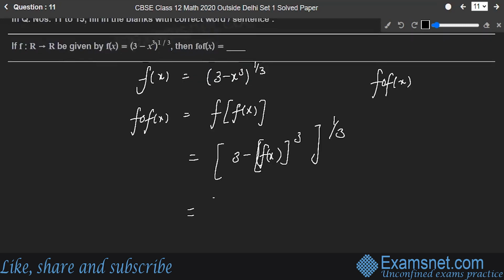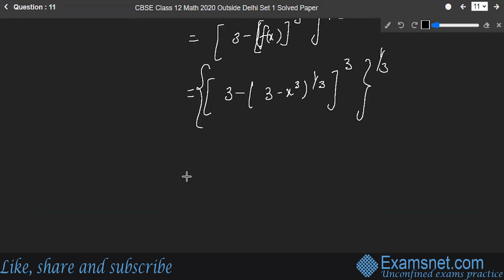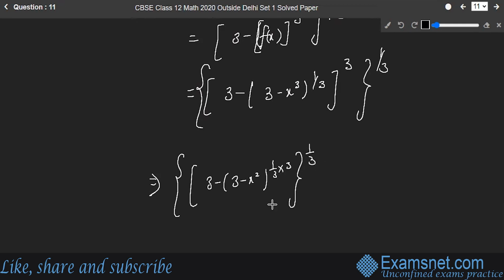So further, this is equal to 3 minus, now this is equal to 3 minus (x cube raised to power 3, raised to power 1 by 3) raised to power 3, whole raised to power 1 by 3. I hope you got that. Okay, so this is equal to 3 minus x cube, 1 by 3 into 3, raised to power 1 by 3.